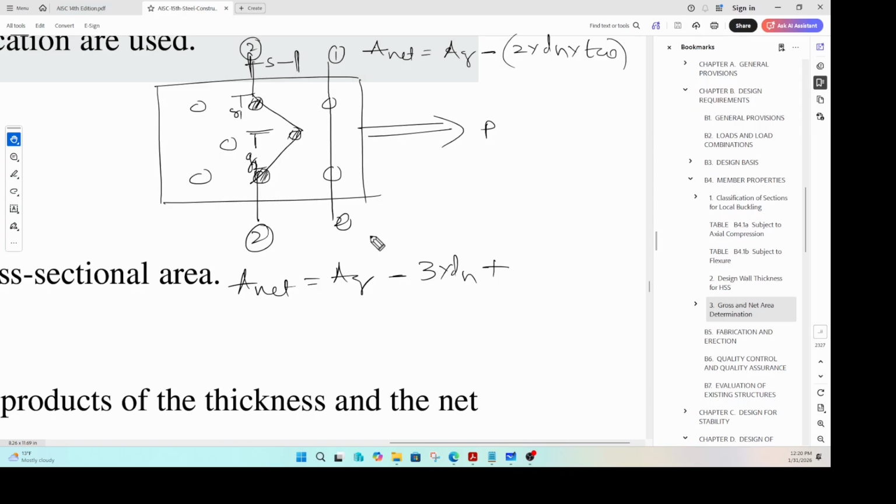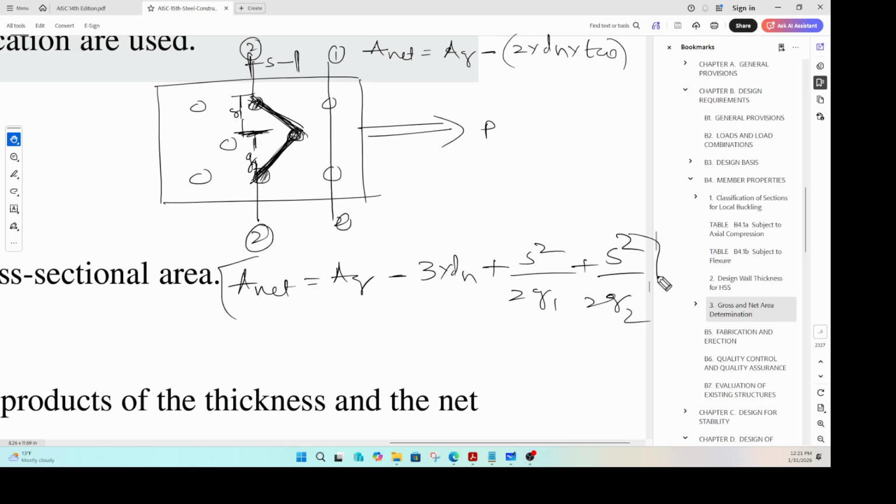But you come back and add S square by 2G for this one, another S square by 2G for that length. So this is S square by 2G1, because this distance here is G1, from that center line to that center line, plus S square by 2G2, because for that limb there, this is G2.